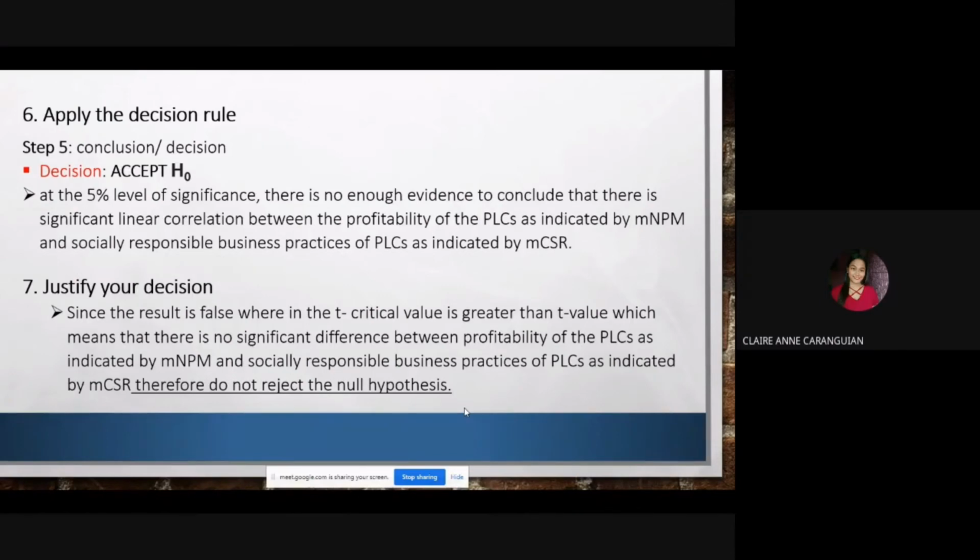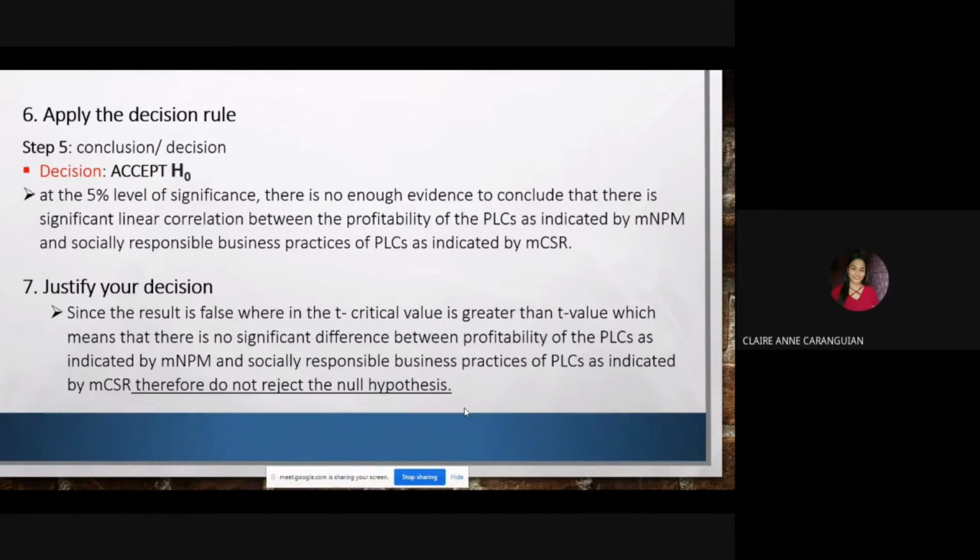At the 5% level of significance, there is not enough evidence to conclude that there is a significant linear correlation between the profitability of the public listed companies as indicated by the mean of net profit margin and social responsible business practices of public listed companies as indicated by MCSR.